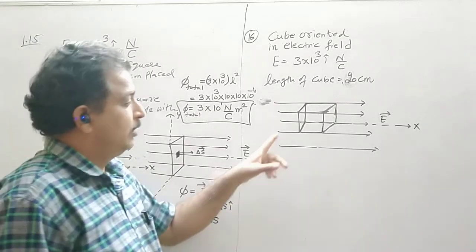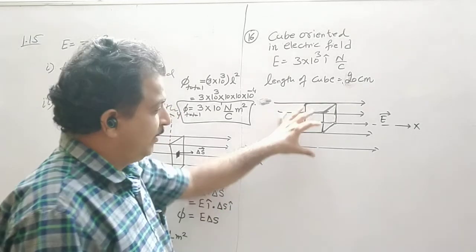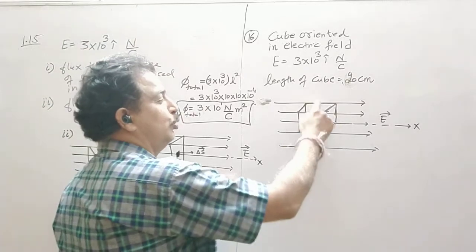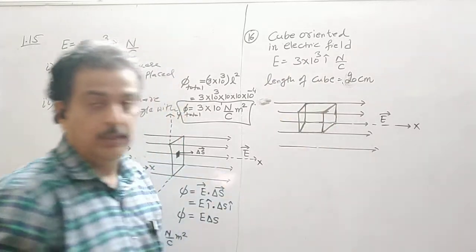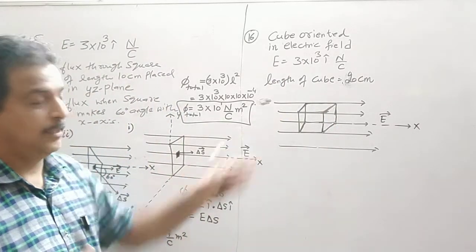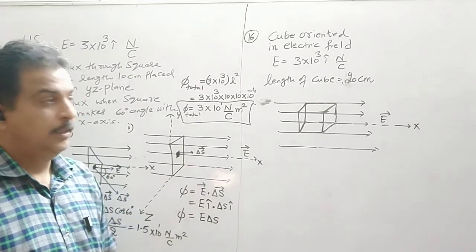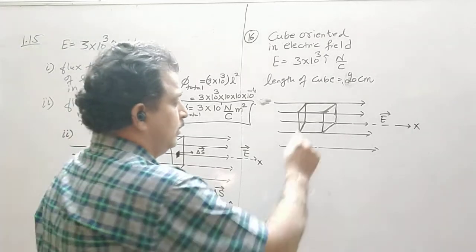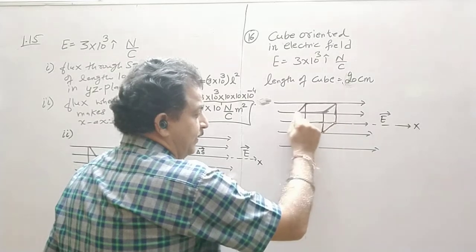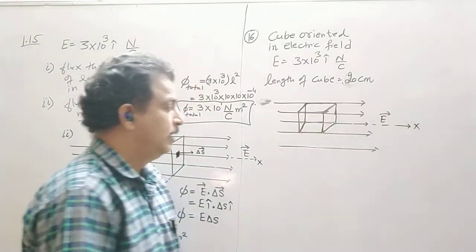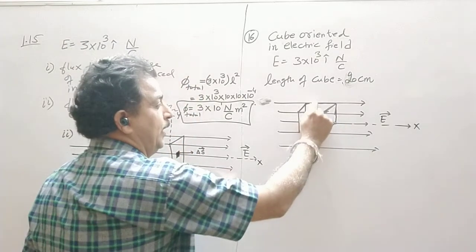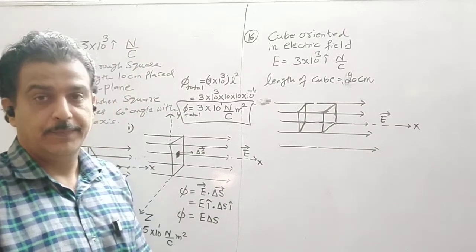Now there are 6 faces. How many faces does the cube have? So 1, 2, 3, 4, 5 and 1 backward. That is the backward face, which makes it a 6-faced object. Now clearly, if I take the upper face, its area vector should be along the y-axis.